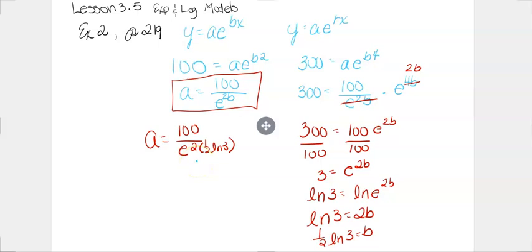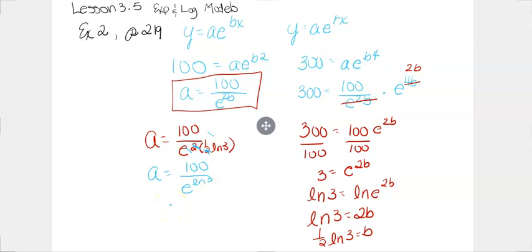I can simplify that by canceling out the 2 and the 1/2. They cancel each other. And I'm left with a equals 100 over e to the natural log of 3. So now I know what my b is, and now I know what my a is.